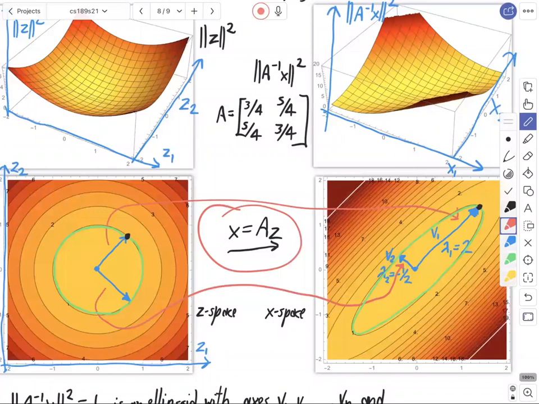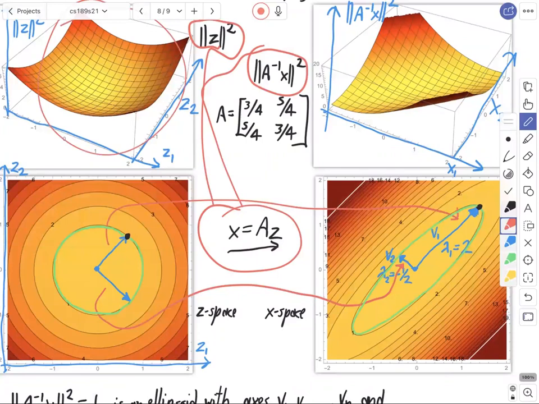This is just imposed by fiat, and pointing out that once you set x equal to Az, then the function z squared and the function A inverse x squared are now the same function. They look different because we're plotting one of them in terms of z and one of them in terms of x. If you plotted them both in terms of z, they'd be exactly the same function, this one here. If you plotted them both in terms of x, they'd be exactly the same function, this one here. But it's nice to get one plot in z space and a different plot in x space.